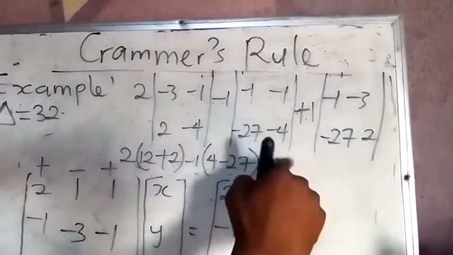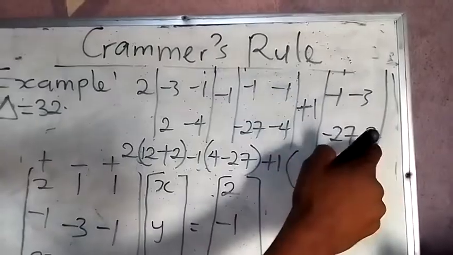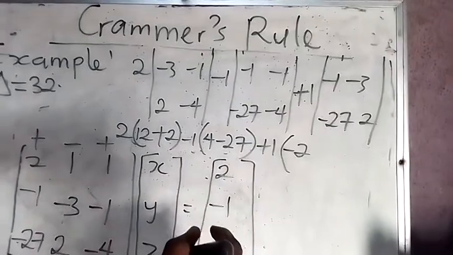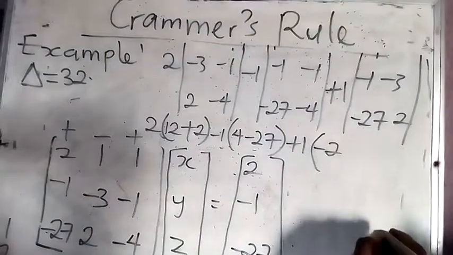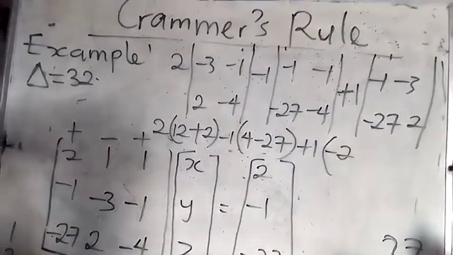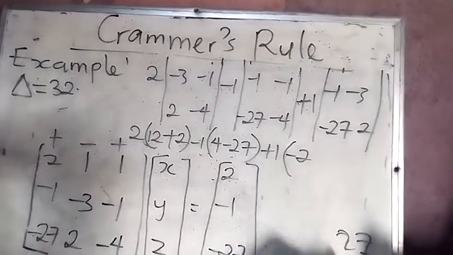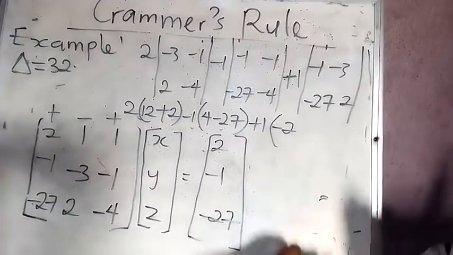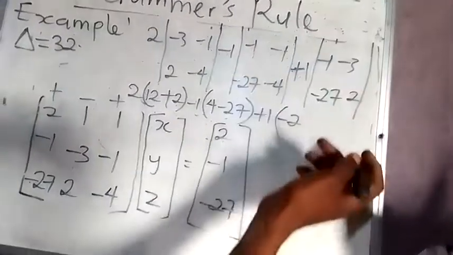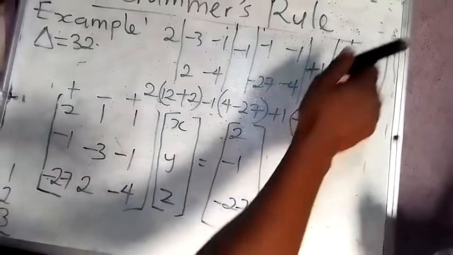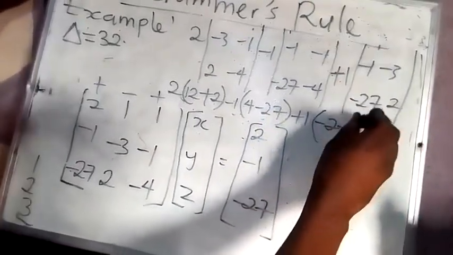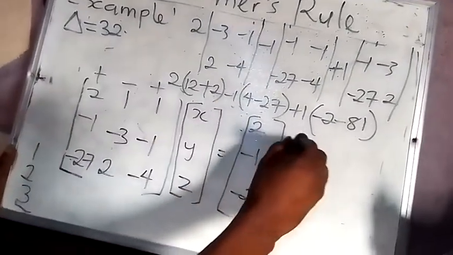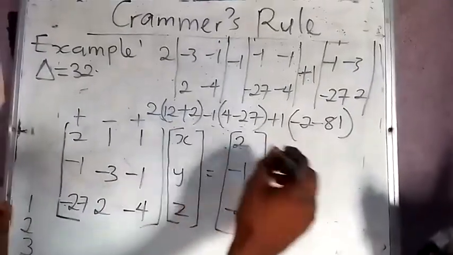Plus 1, minus 1 times 2, that is minus 2. Minus 27 times minus 3, that's plus, 3 times 27 is what? 3 times 27, that is 81. So minus and minus is plus, but the minus is going to be there: minus 81.